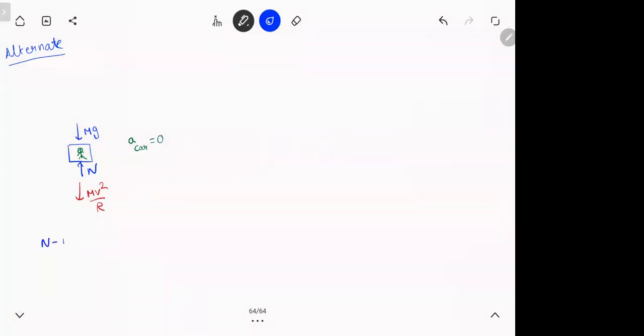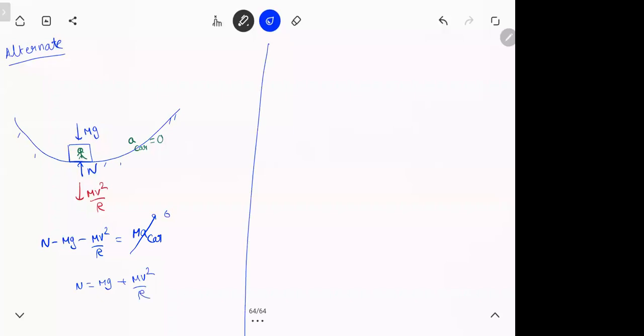So he will write N minus mg minus mv square by r is mass into acceleration of the car, which was 0. End of the day, you get the same answer. So the only difference is where you are standing.